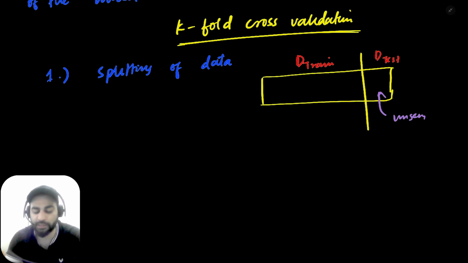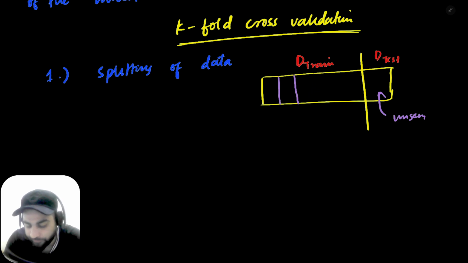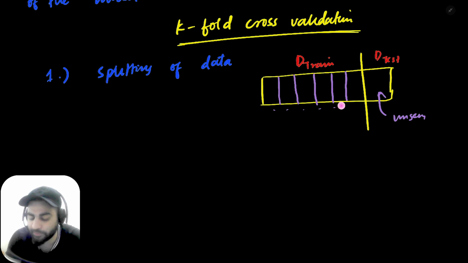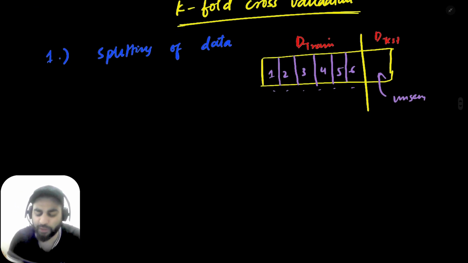Now what we'll do is we'll equally divide this D train. Let's suppose these are k folds. Each of them is called one fold. Here we'll have this data, for example, first fold, second fold, third, fourth, fifth, and sixth fold, something like this. Okay, let's take an example of four-fold cross validation.